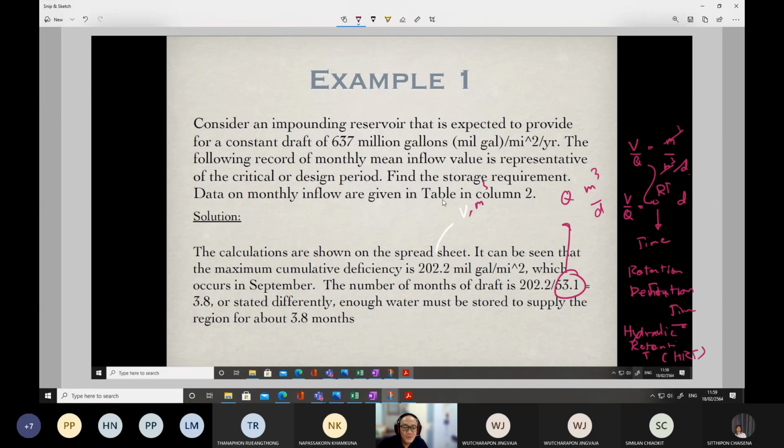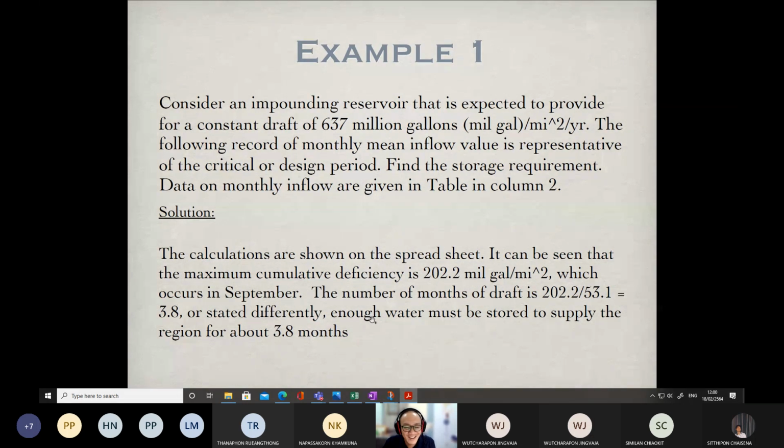Okay, so the time that this storage can store the water is 3.8 months. Okay, so this is the first example using the methods of computation, analytical methods, to determine the size of the reservoir.